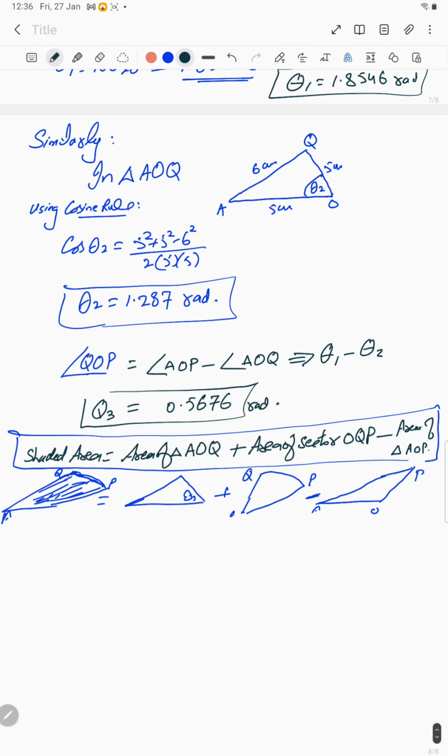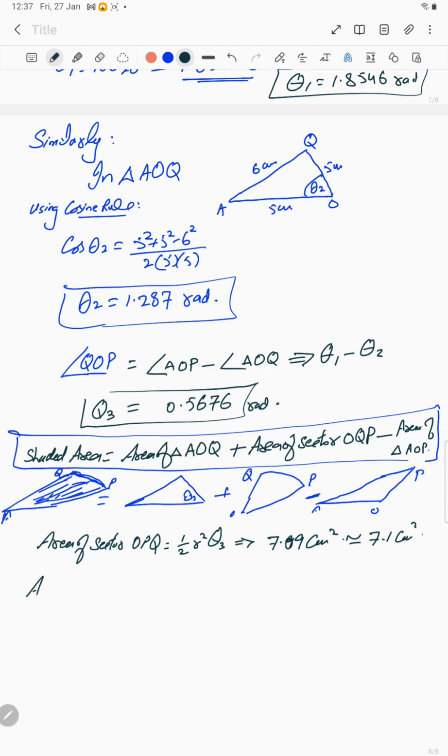So we can say area of sector OPQ, you know the formula, that is half R squared theta. OPQ angle is theta 3. So do replace the value, we get 7.009 centimeter square, or approximately 7.1 centimeter square.